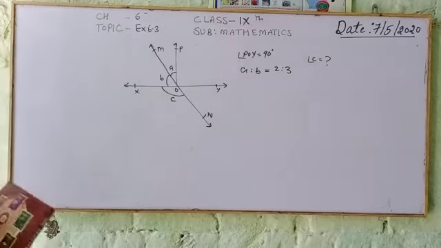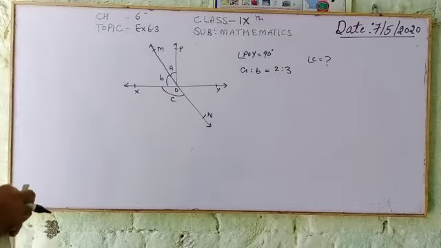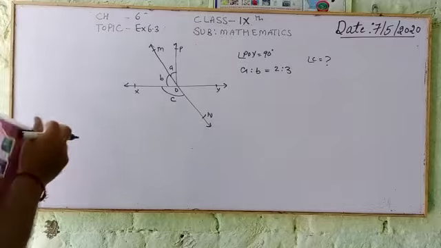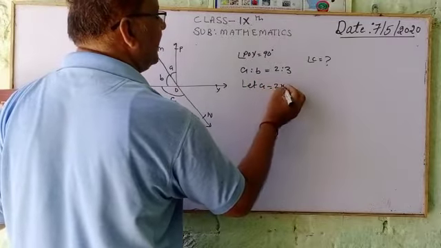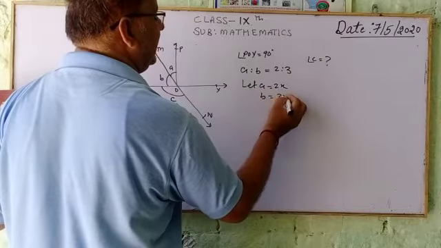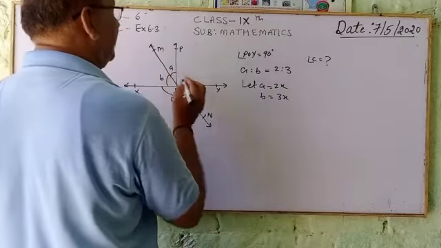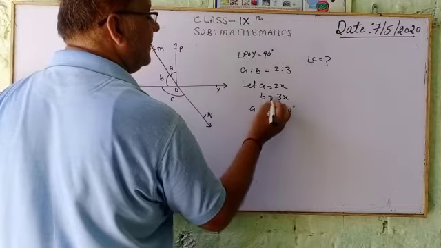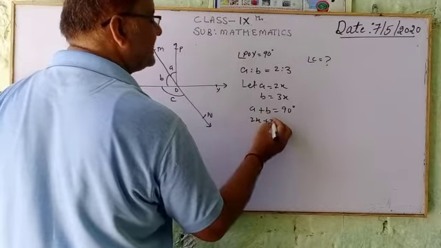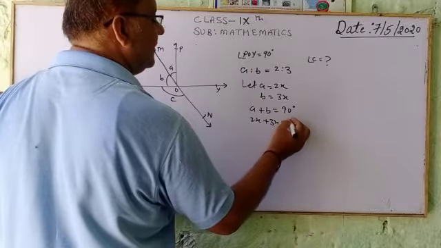So students, look, in the given figure we are taking let A equal to 2x, then B equal to 3x, and angles A plus B equal to 90 degree. We put the value of A, 2x plus 3x equal to 90 degree.